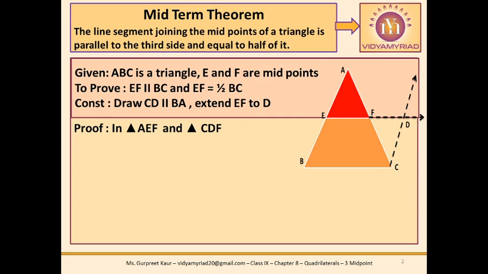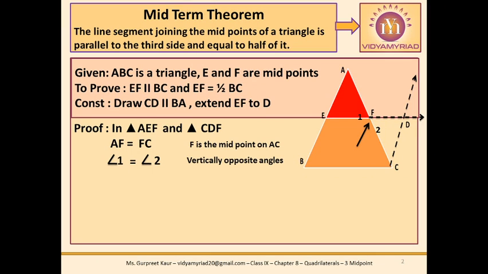Let's see the two triangles AEF and CDF. What is given to us is that F is the midpoint, so AF is equal to FC. Next, angle 1 and angle 2 will also be equal, as they are vertically opposite angles, and we know that CD and AB are parallel lines.